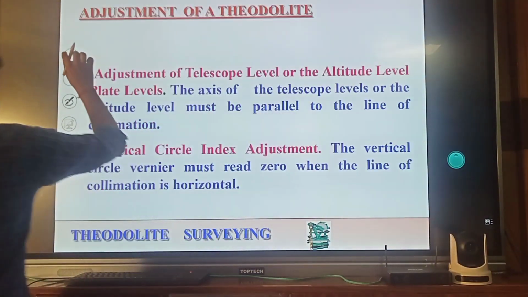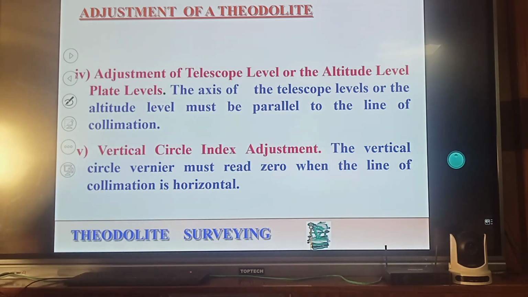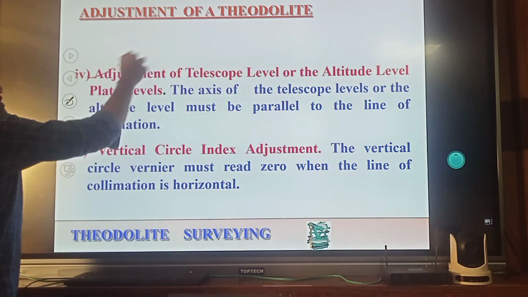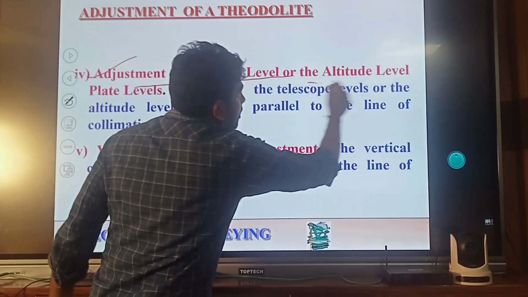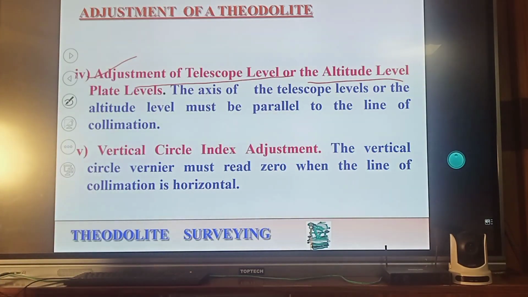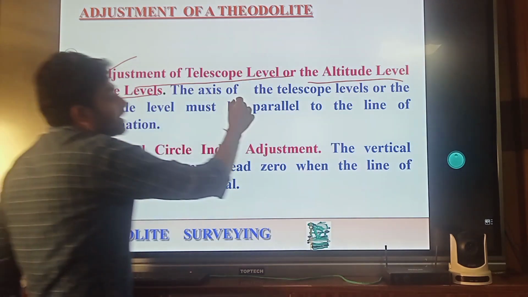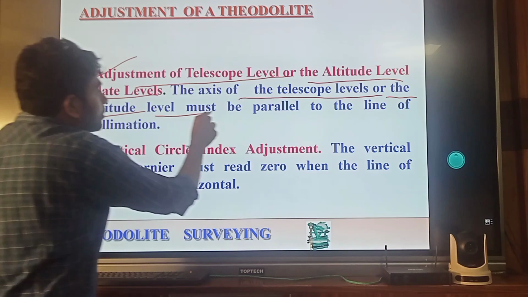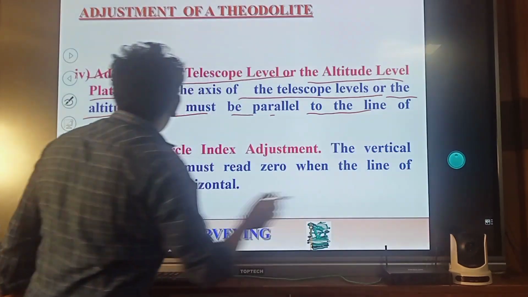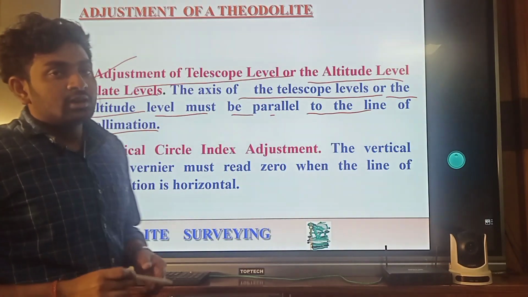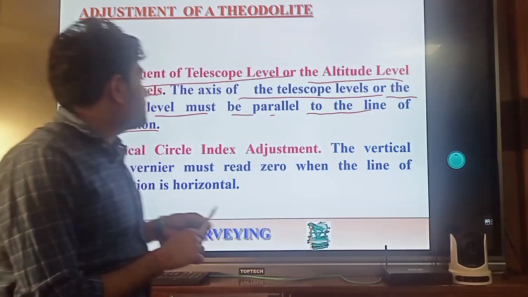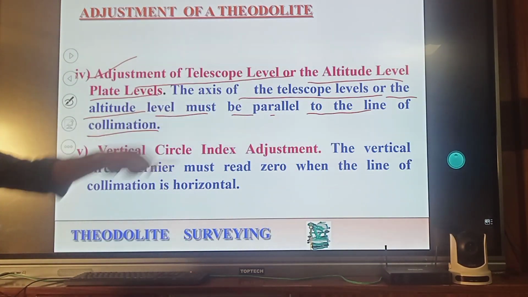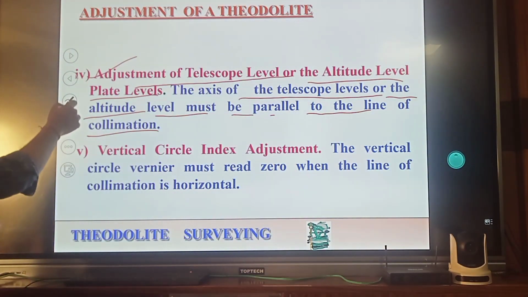Then the next point is the adjustment of the telescope level or altitude level plate levels. The axis of the telescope level or the altitude level must be parallel to the line of collimation. The line of collimation must be parallel to the telescope level.